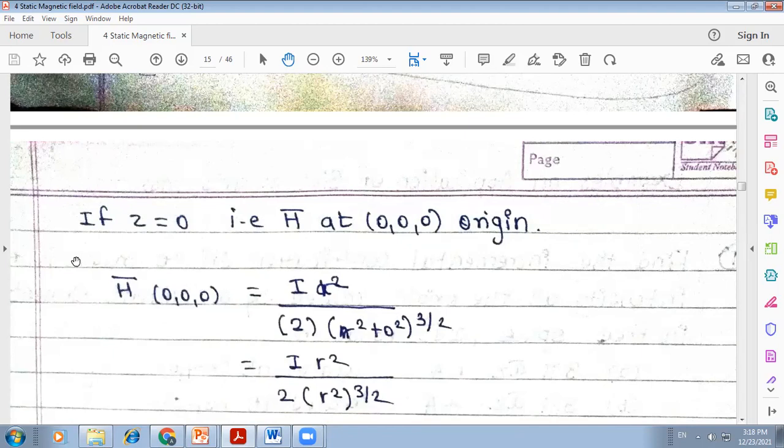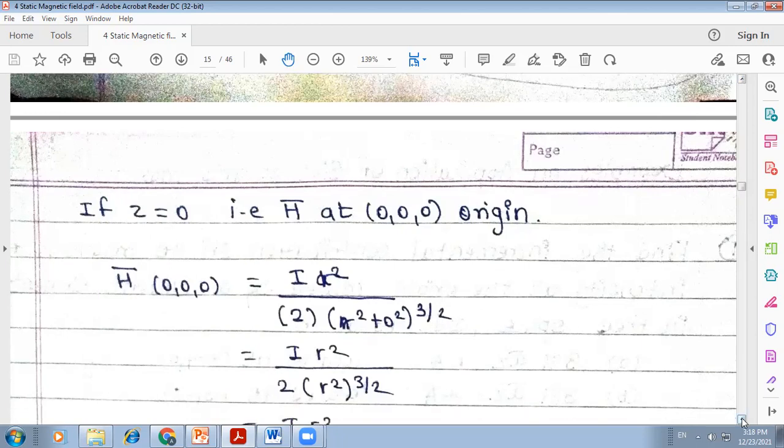So this H bar at origin 0, 0, 0 can be given as, in r, phi and z coordinates, if z is equal to 0, this equation becomes I r square divided by 2 into (r square plus z square) raised to 3 by 2.